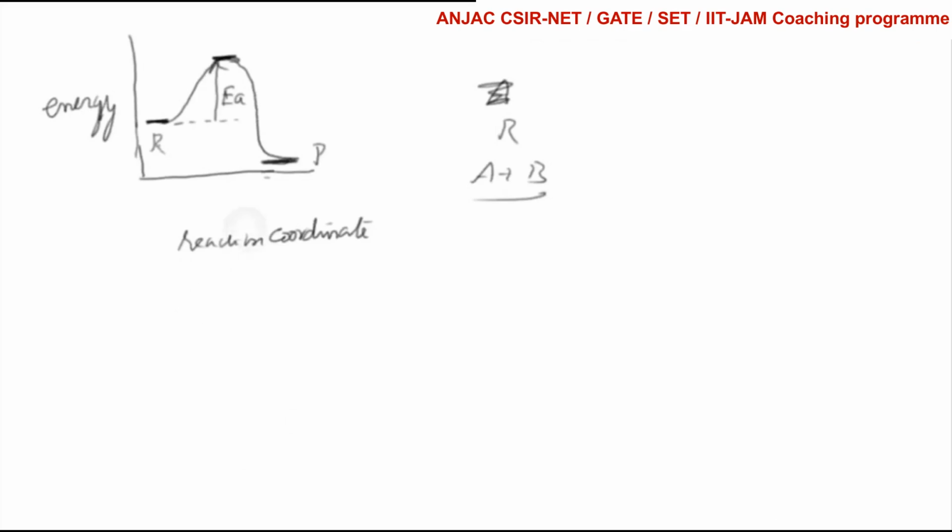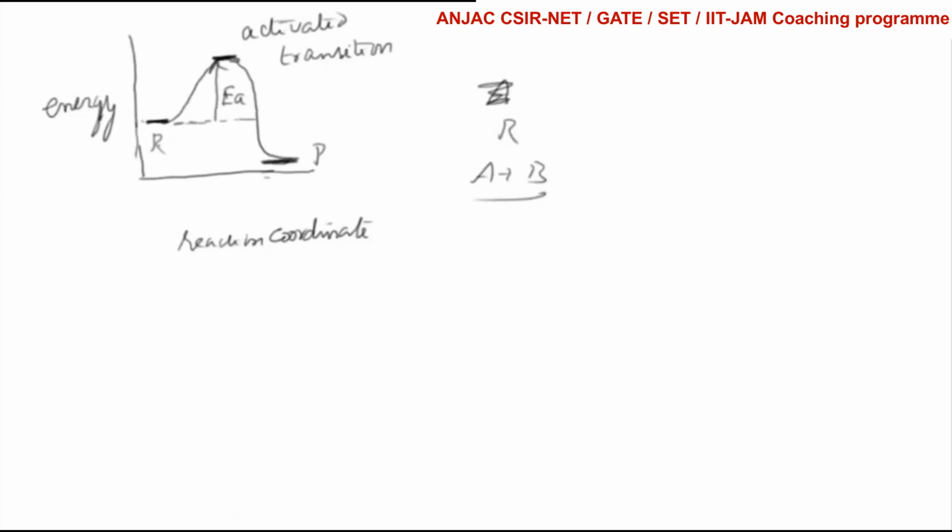This state is called the activated state, intermediate state, or transition state. It is called a transition because the reactant is being transformed into product. It may also be called the activated complex or transition state complex. All the energy of activation is calculated with respect to the energy of the reactant.